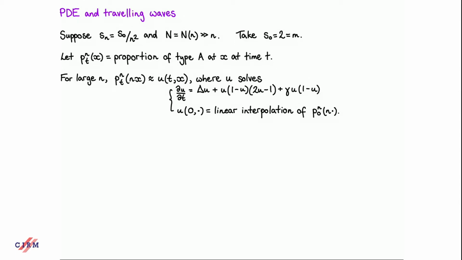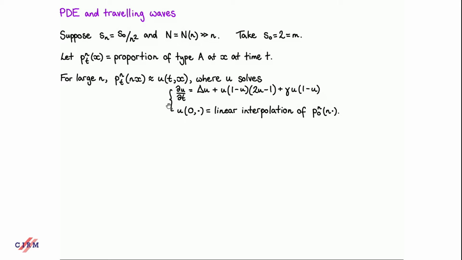So it turns out that if we scale space by 1 over n, and if you remember, we already effectively scaled time by n squared in the definition of the model, then Pn,t converges to the solution of a PDE. So if n is very large, then Pn,t of n times x is roughly u of t, x, where u solves this PDE.